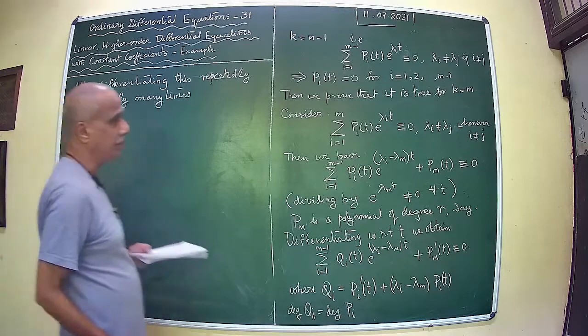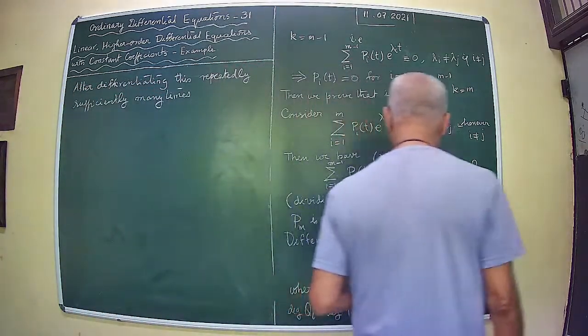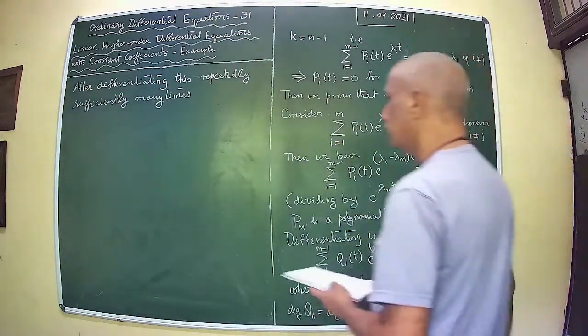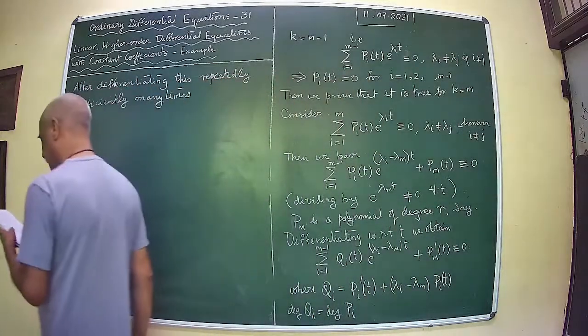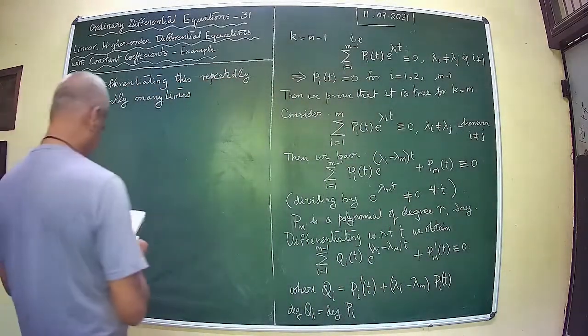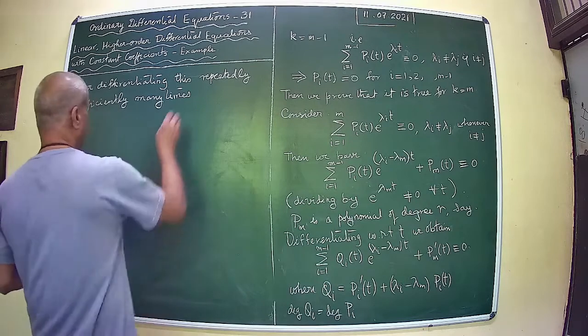Because we are assuming Pm is a polynomial of degree r, therefore we know exactly how many times you have to differentiate it.